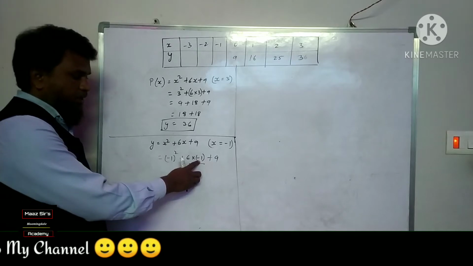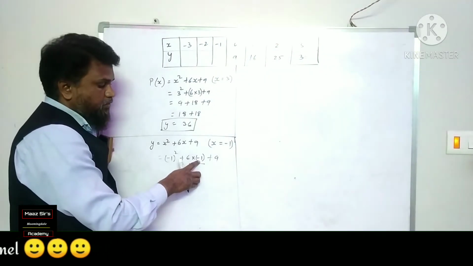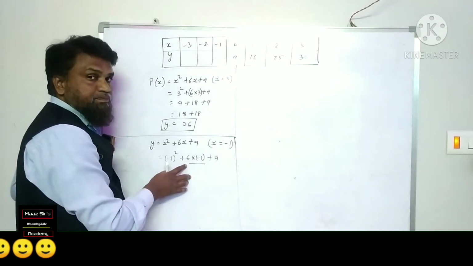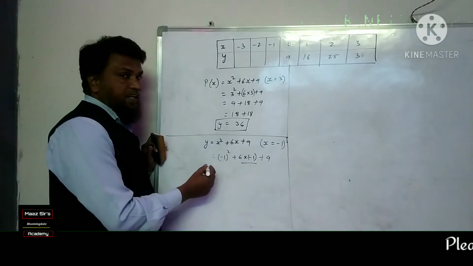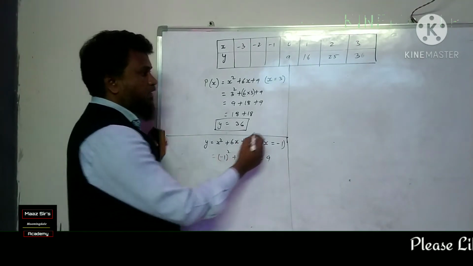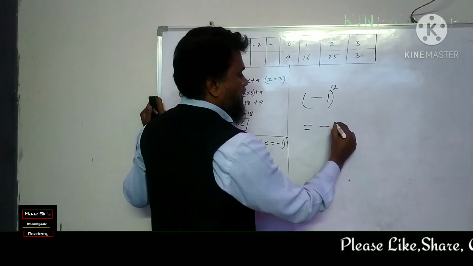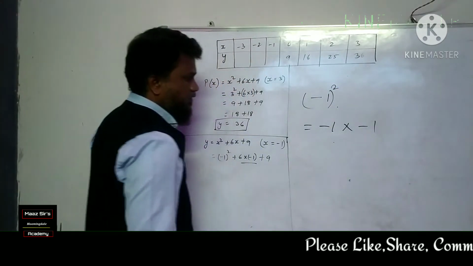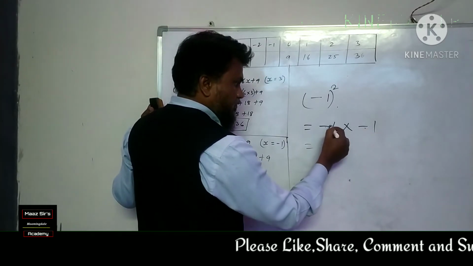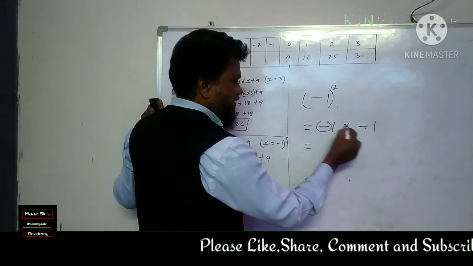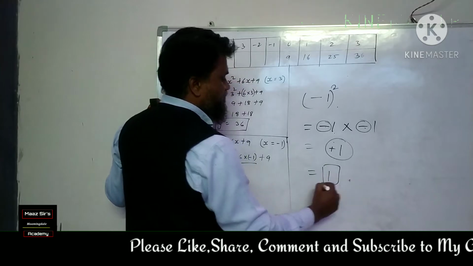So when I am taking here minus 1, it is better to keep it in brackets so that you will not have any problem when you are doing the calculation. And one more thing, when I am writing here minus 1 square, you remember that minus 1 into minus 1. So 1 into 1, 1. Next minus into minus plus. So the answer is 1.